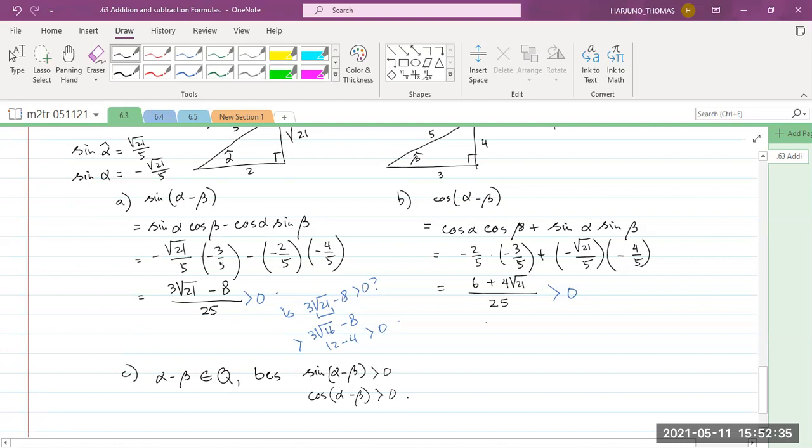In fact, because it's in quadrant 1, then alpha must be greater than beta, right? By the way, that's just extra. It's in quadrant 1, so alpha is greater than beta.